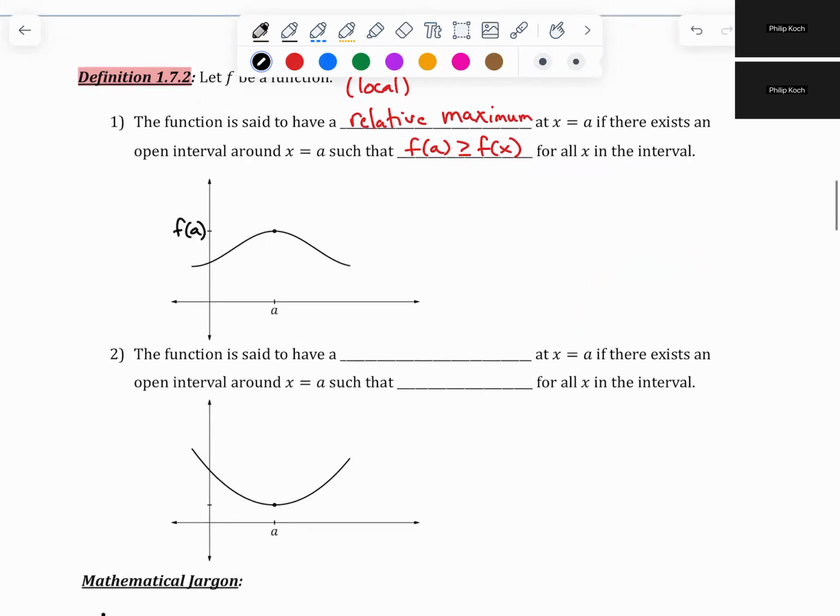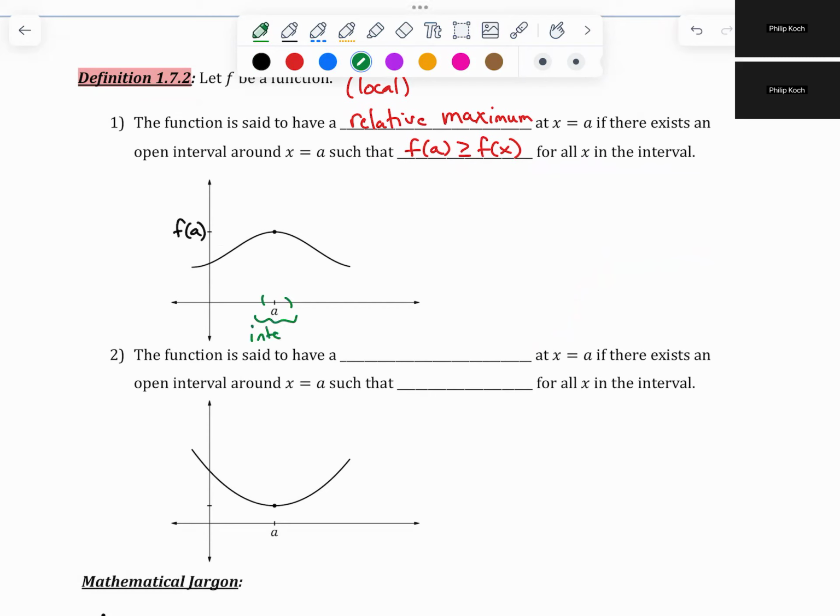You can find a little tiny interval. You can actually find any interval for this one, but as long as you can find at least one interval around a, such that while you're on this interval, all the other x values have f of x below it.